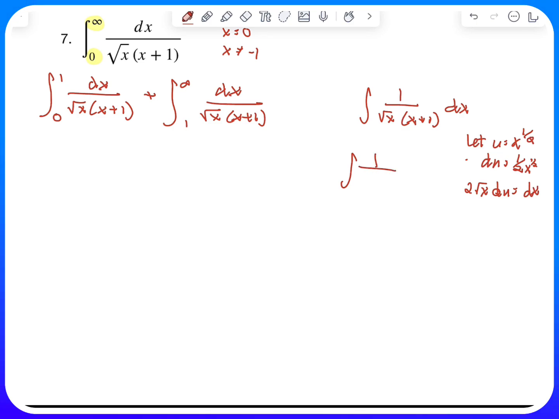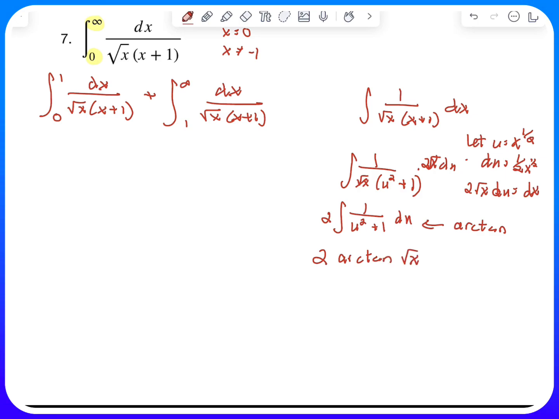So that could be rewritten, and then we can factor out our constant 2. And so we have 2 times the integral of 1 over u squared plus 1. Oh, that looks familiar. That's our inverse tangent, or arctangent, function integral. So that'd be 2 times the arctangent of u. Our u is the square root of x. So that's our indefinite integral.